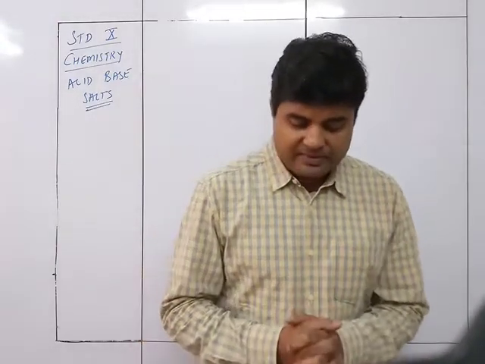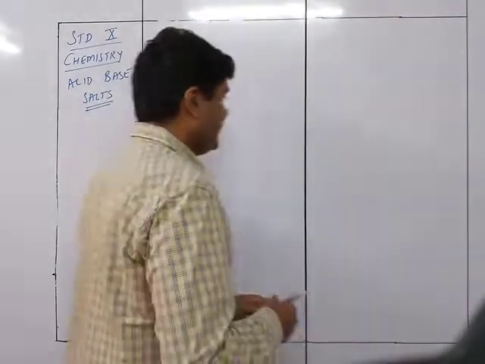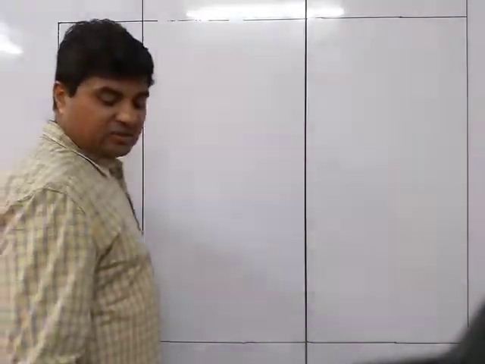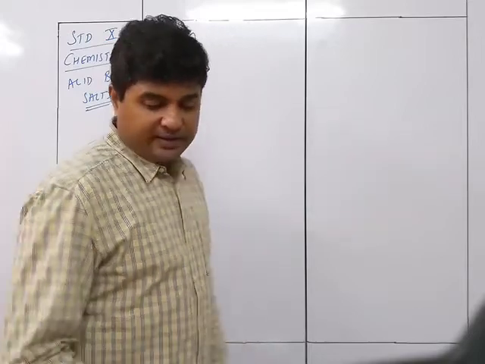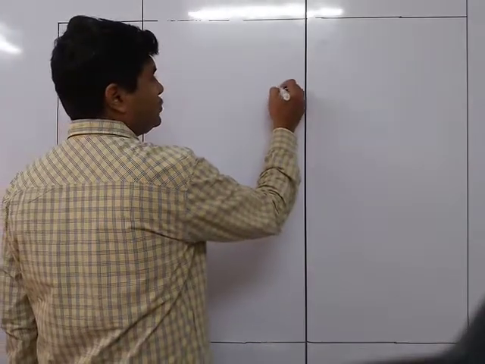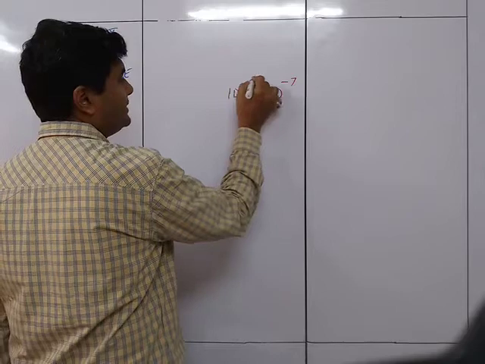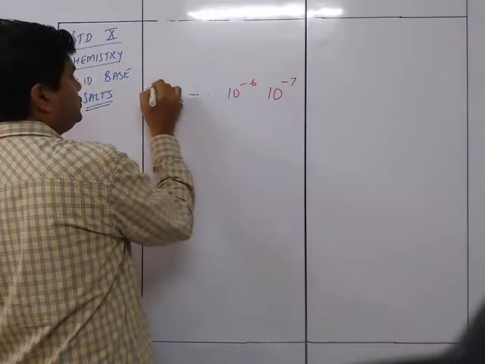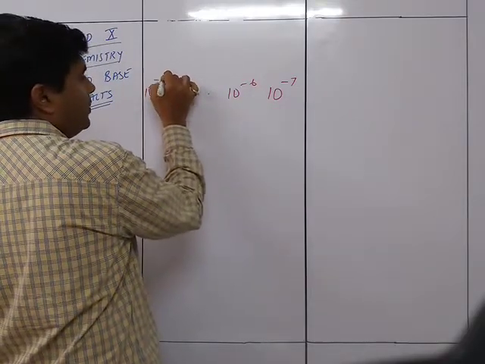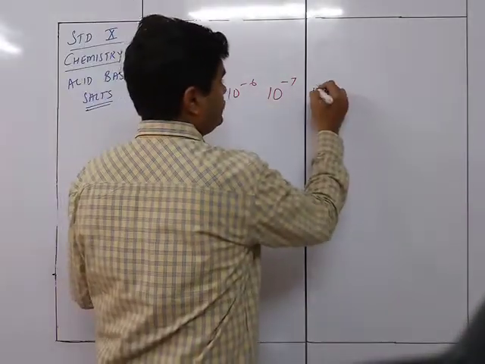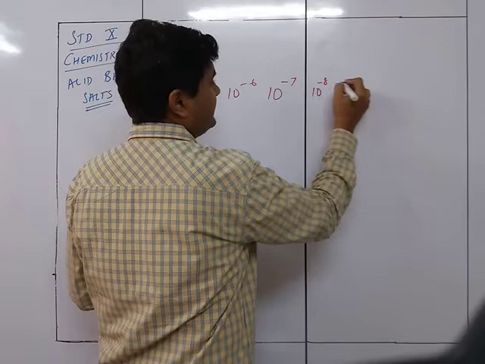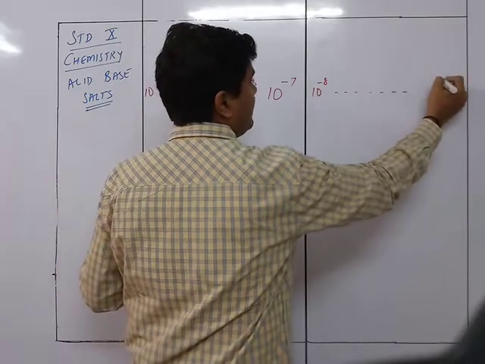So when I say the pH value, or the concentration, it is given as 10 raised to minus 7. This side goes from 10 raised to minus 6 up to 10 raised to minus 1, and this side goes from 10 raised to minus 8 up to 10 raised to minus 14.